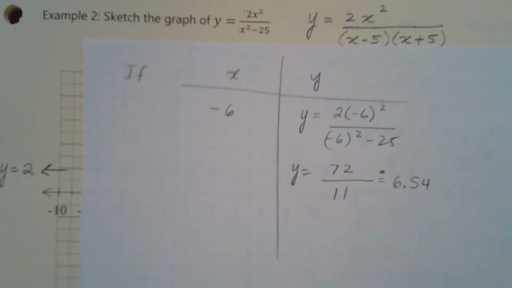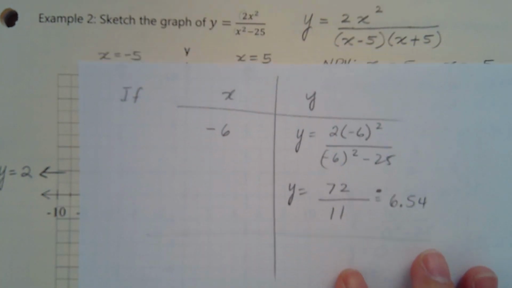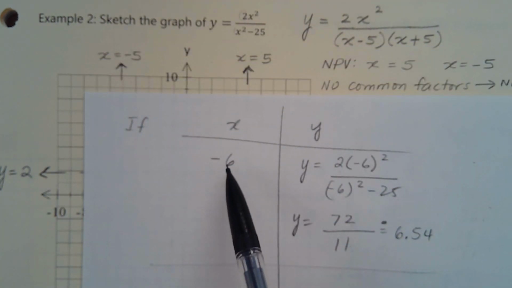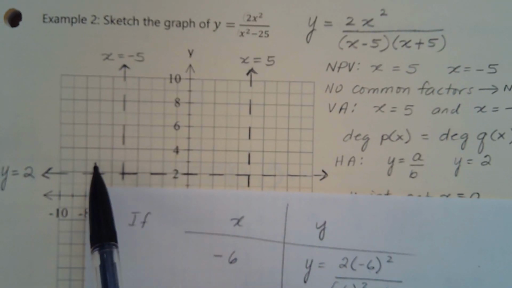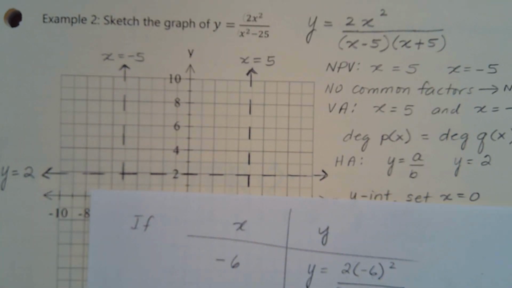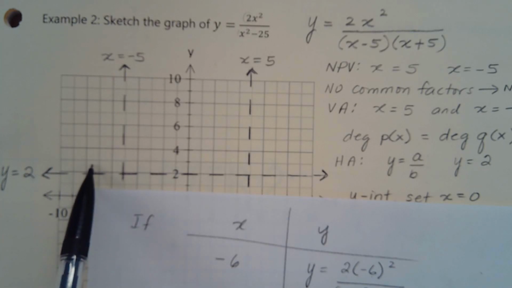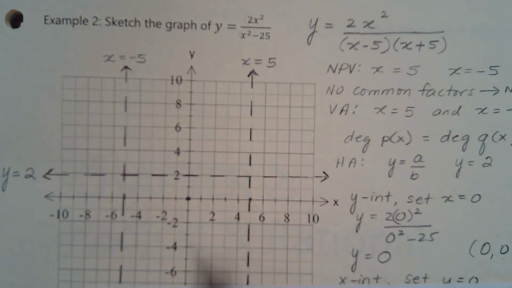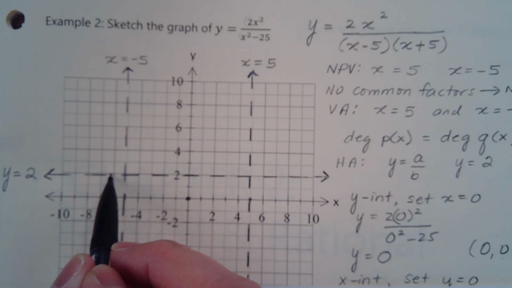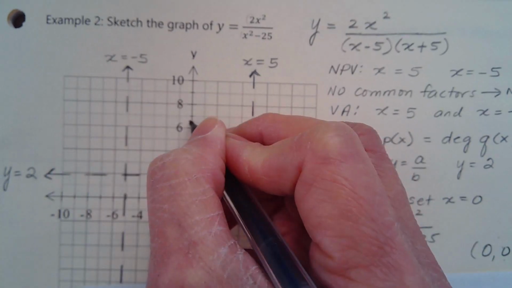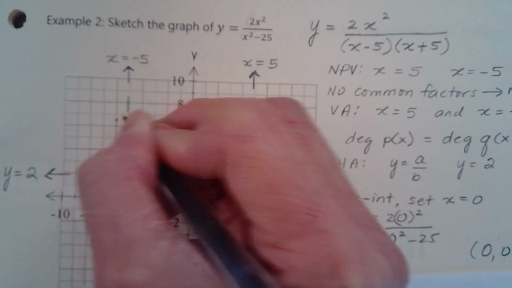Okay? So that tells us that at x equals -6, we're going to get 6.54. So (-6, 6.54) would be right here.